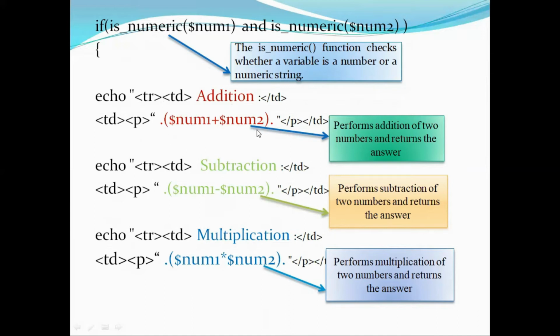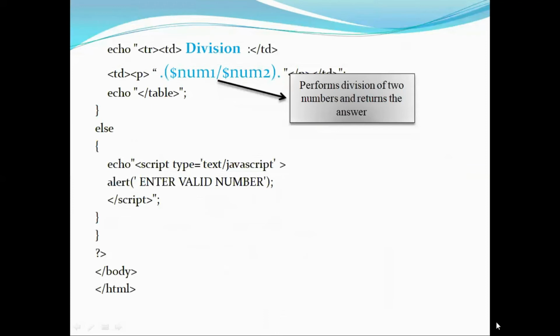Here the dot notation is used to combine two strings in PHP. Then the addition of two numbers, $num1 + $num2, where the plus operator indicates the addition of two numbers. Likewise we are performing subtraction, multiplication and lastly division.